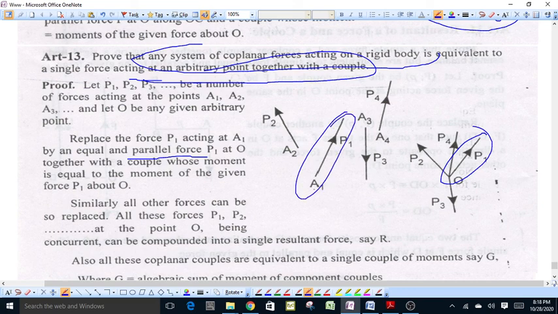Similarly, P2 is equivalent to a force P2 which acts at point O, and so on.